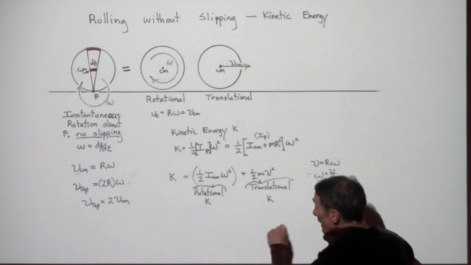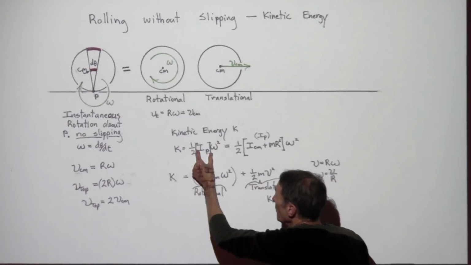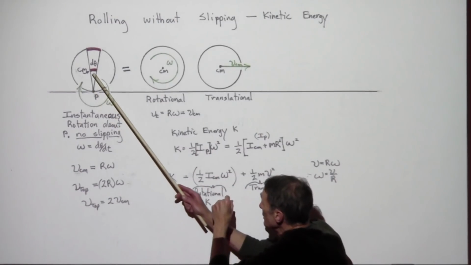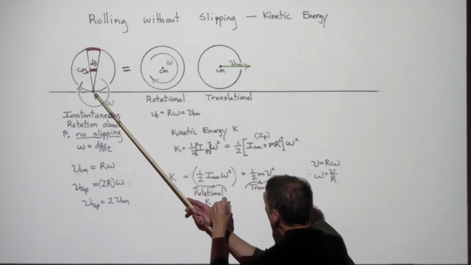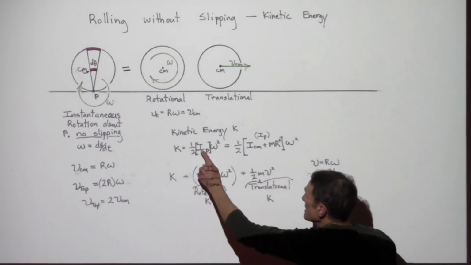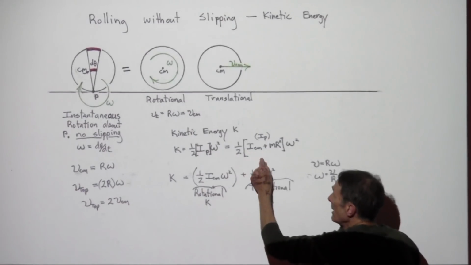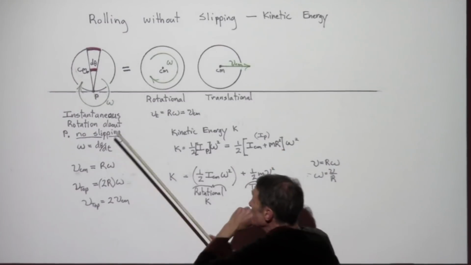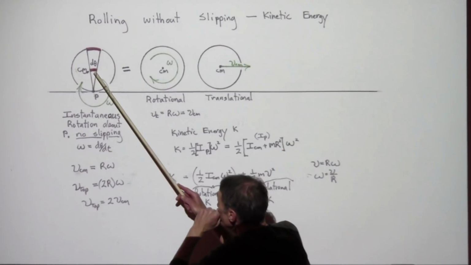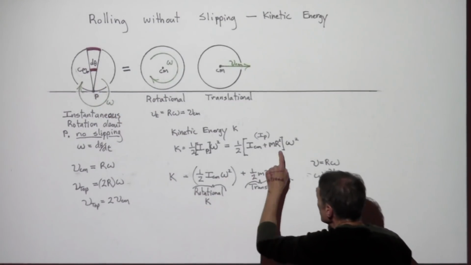Now, what we can do is use the parallel axis theorem. Since we're used to using the disk around the center, not around an edge point, I can say the I about point P is equal to I of the center of mass plus m r squared. This is just m d squared, and d is just the distance from the center of mass to the point of rotation, which is the radius.